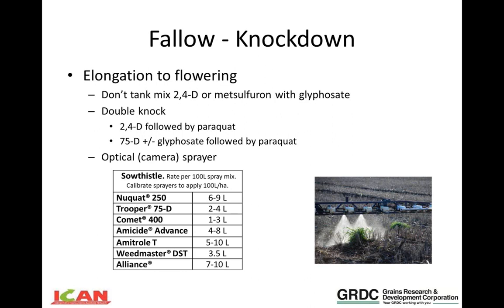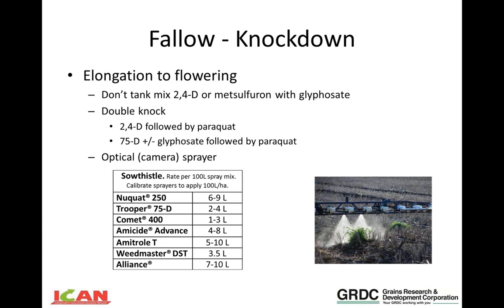But I also wanted to mention here, with the double knock, really try to use it as often as you can. When you do have escapes in the paddock, you really don't know by looking at them whether they're resistant or whether they've been missed in the herbicide application. The only way to guarantee that that potential resistance gene is not spreading is to stop seed set.